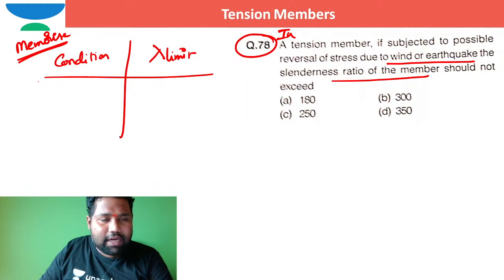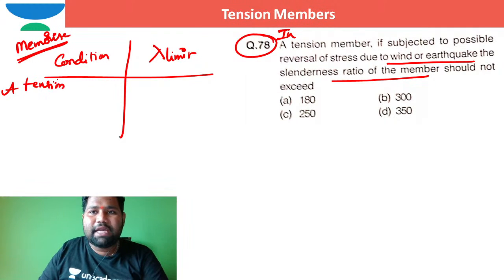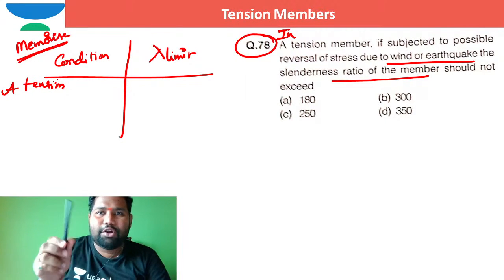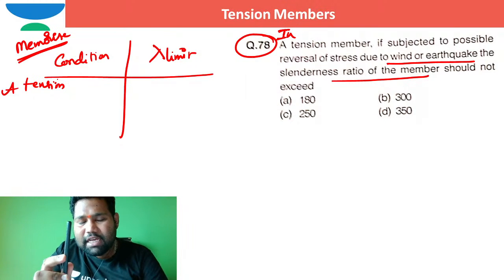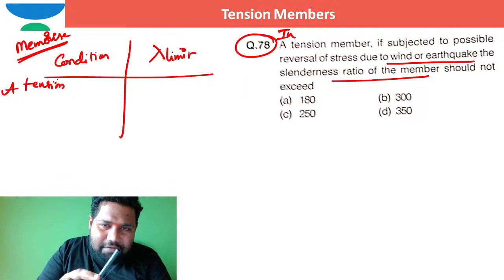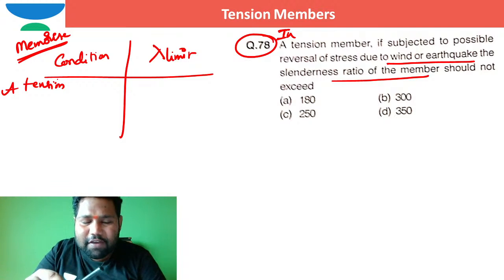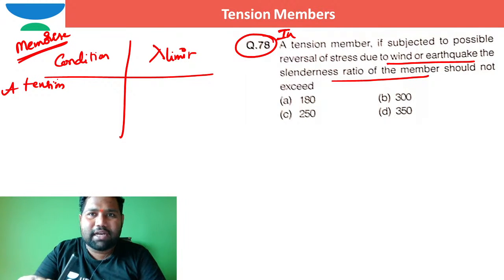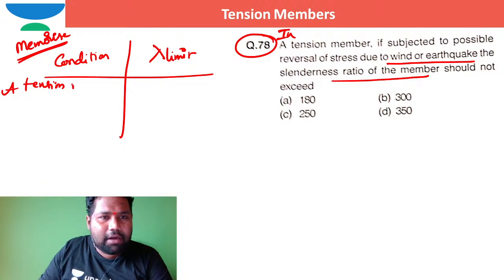Condition 1 is a tension member subjected to possible reversal of stress. What do you mean by reversal of stress? If the structure is under vibration, on the same phase tension can come, and on the same phase compression can come. There is a change in the nature of stresses on the same phase. Such types of stresses are nothing but reversal of stresses.